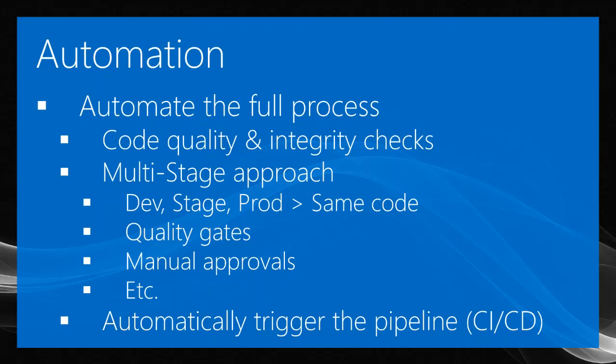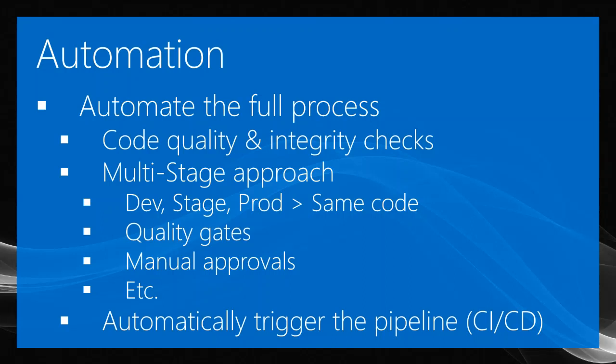If this works as expected, if the quality is good, if some errors have been thrown or whatever, and only if we're happy with the result, we can then continue the process, maybe after an approval step where some humans need to manually approve. And then the same code is released to the production environment, for instance. So it's in the same release process where we first deploy to dev and then maybe later into prod.